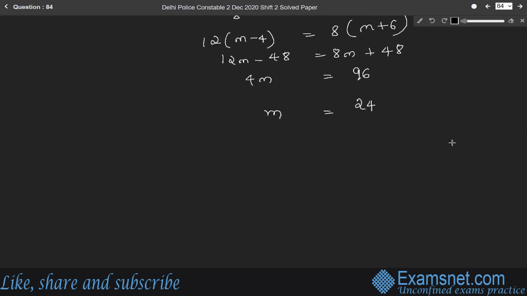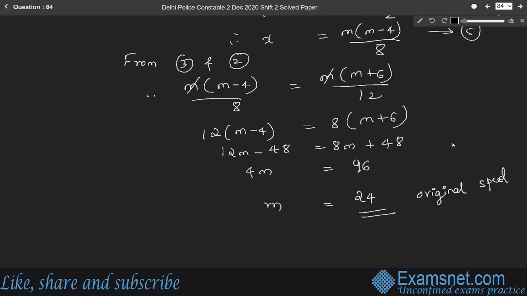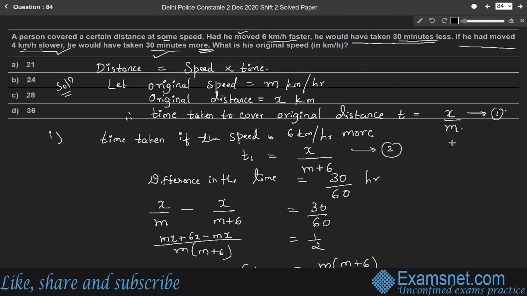So what is m according to our assumption? Original speed, right? So what is his original speed is asked. So original speed is 24 kilometer per hour. So this is the final answer. Hence option B is the right answer.